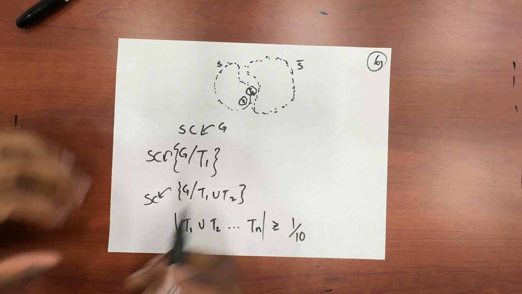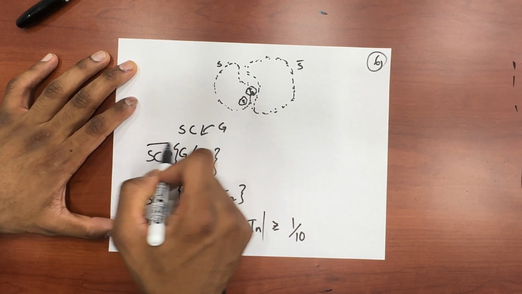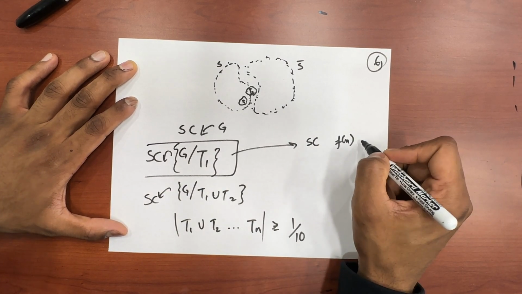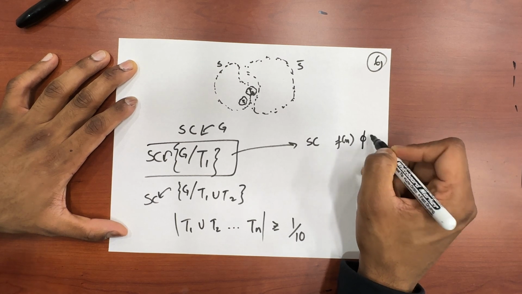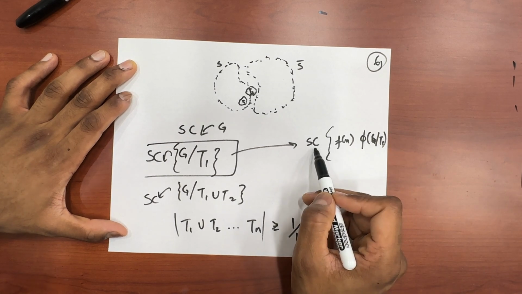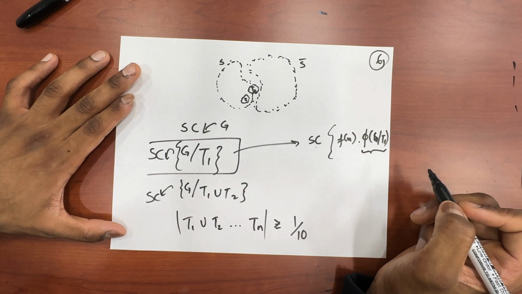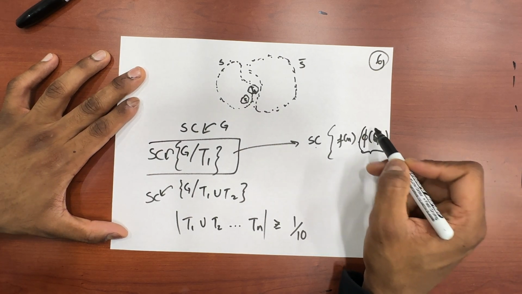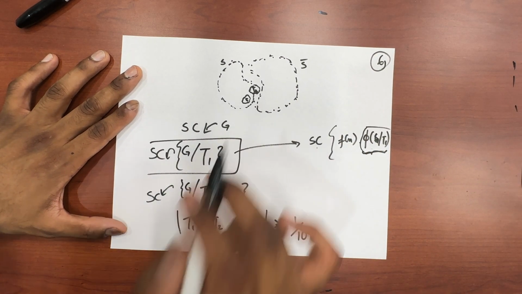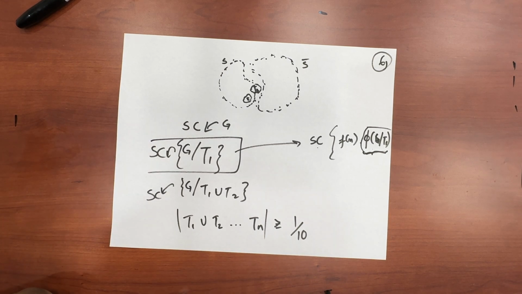Because once you take T1 out and you run the sparsest cut on G devoid of T1, the sparsest cut will return an Fn approximation of phi of G devoid T1, of whatever's left now. Now what I'm saying is that the sparsity of whatever is left now is not too different from the sparsity of whatever was there to begin with. That's the main argument here.